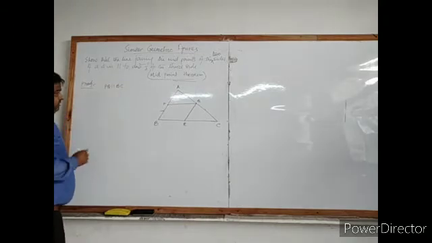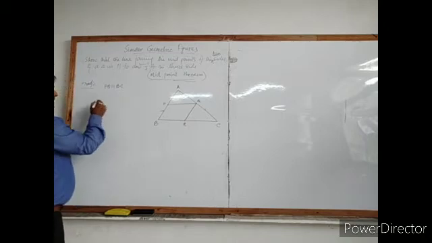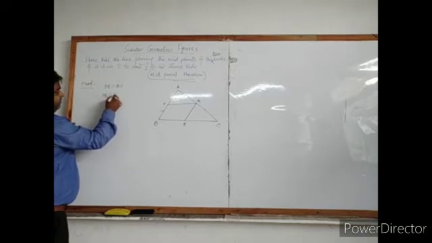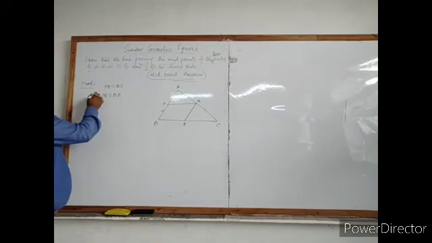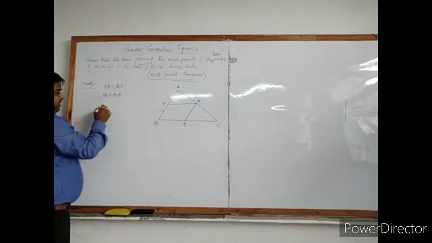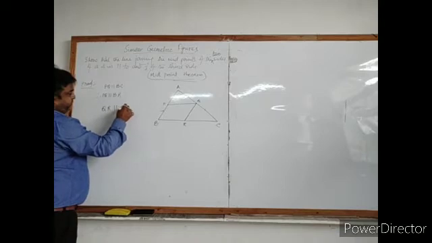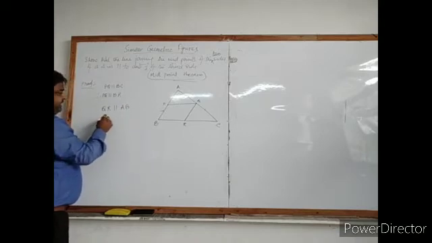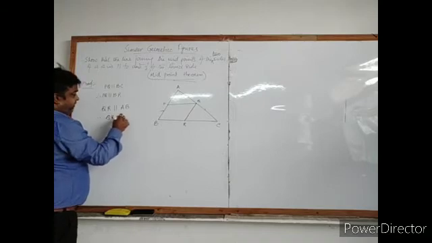So we can say PQ parallel to BR, because BR is a part of BC. Also, by construction, QR is parallel to AB. So therefore, we can write QR parallel to PB. This part.